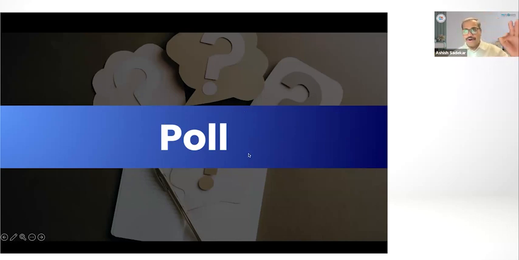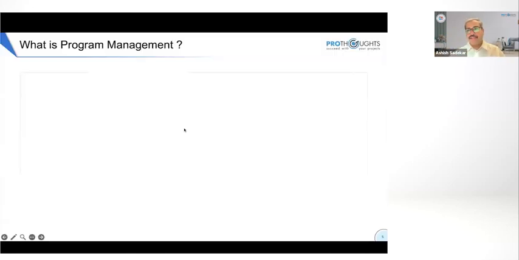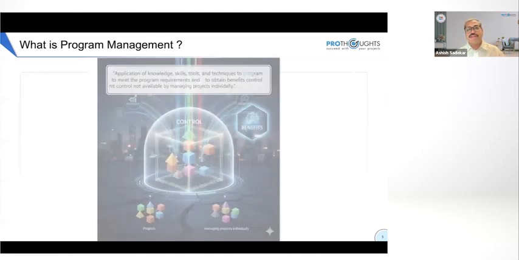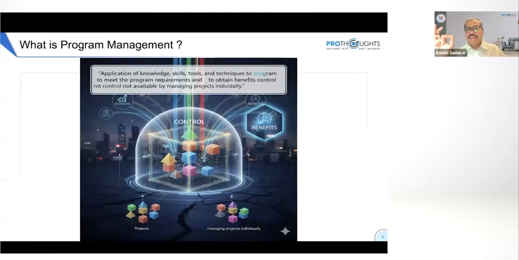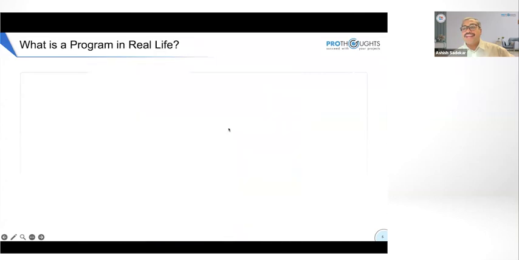I'm going to talk about a practical case study so you can visualize and relate it to your day-to-day work, and what is program management. Right? So what is program management? There are keywords: to obtain benefits and not control, by managing projects individually.